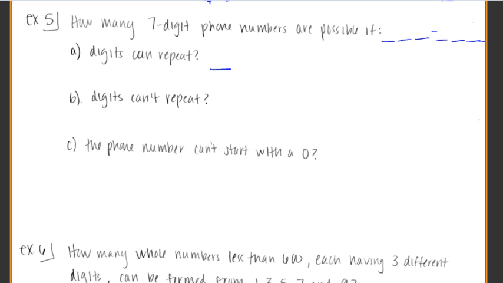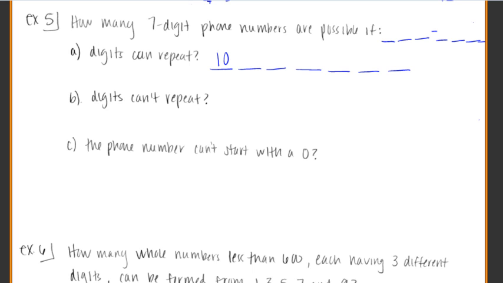If the digits can repeat, so 1, 2, 3, 4, 5, 6, 7. Well, think about it for a phone number. That first leading number, I wouldn't normally include 0, but just because we can, you have the numbers 0, 1, 2, 3, 4, 5, 6, 7, 8, 9. So we have 10 options for that first number.